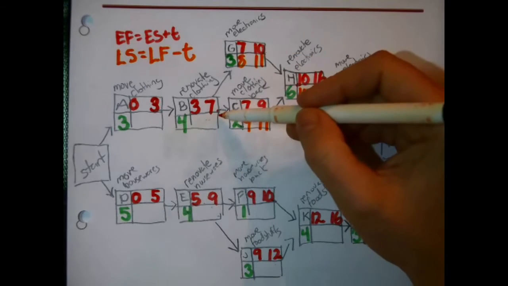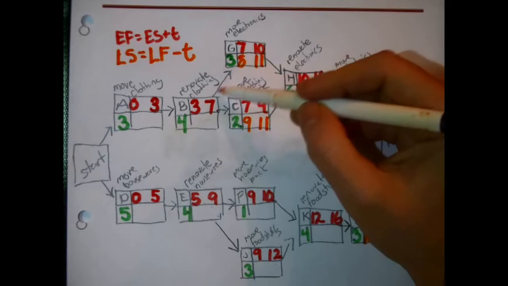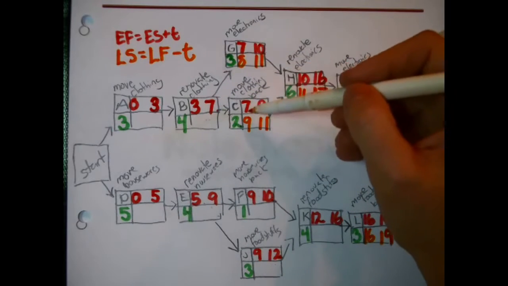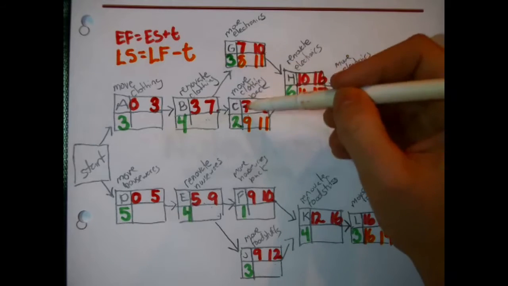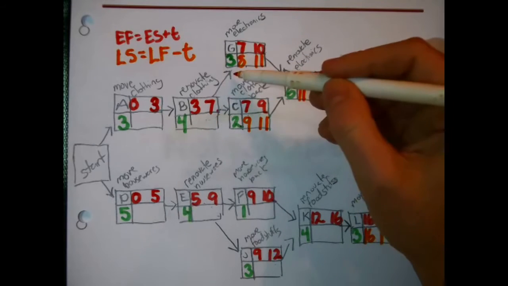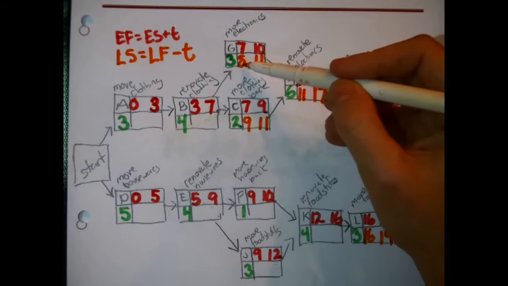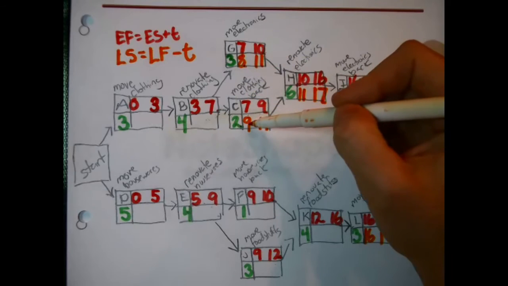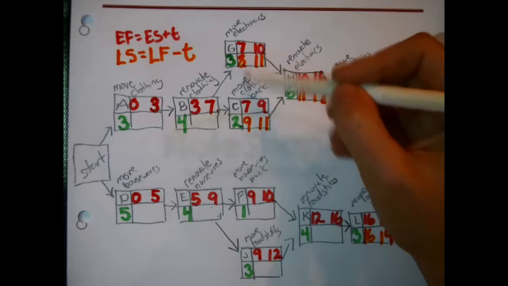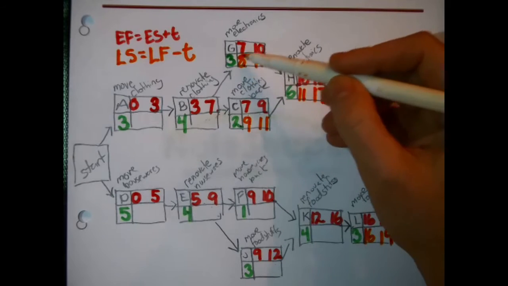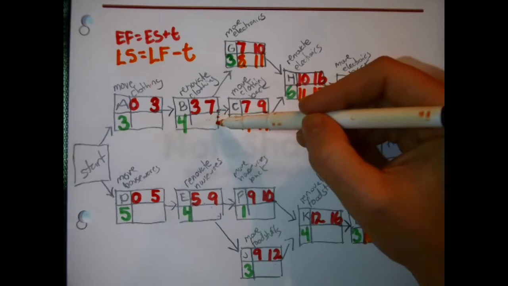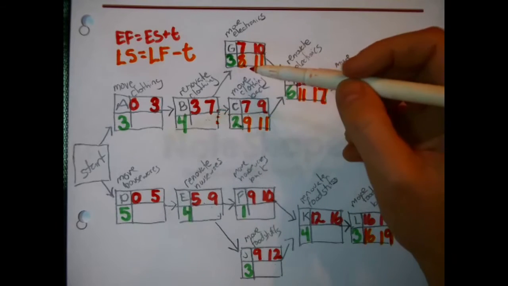We get to B. Now B, maybe we should take a little bit slower here, because both C and G are waiting on B to finish, right? That's what that means. G has to start 8 days from now at the latest. C has to start 9 days from now at the latest. If we don't meet that, then we're going to wreck the deadline. Therefore, they're both waiting on B to finish before they start. What is the absolute latest that B can finish and not create problems?